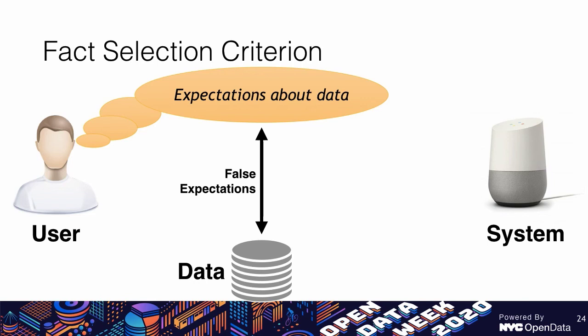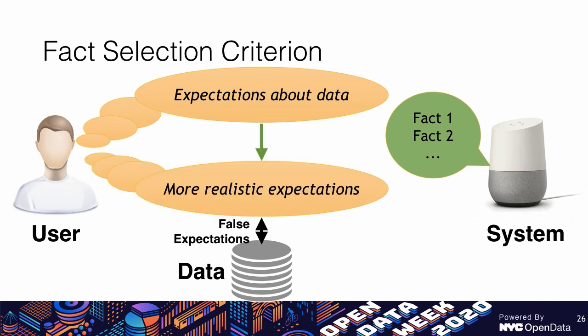Now, our goal when selecting speech output is to essentially change the expectations of the user such that the distance between the actual data and what the user thinks of the data decreases. So by selecting the right things to say, the most relevant things to say, we hope that we can somehow give users a better impression of what the actual data would look like.